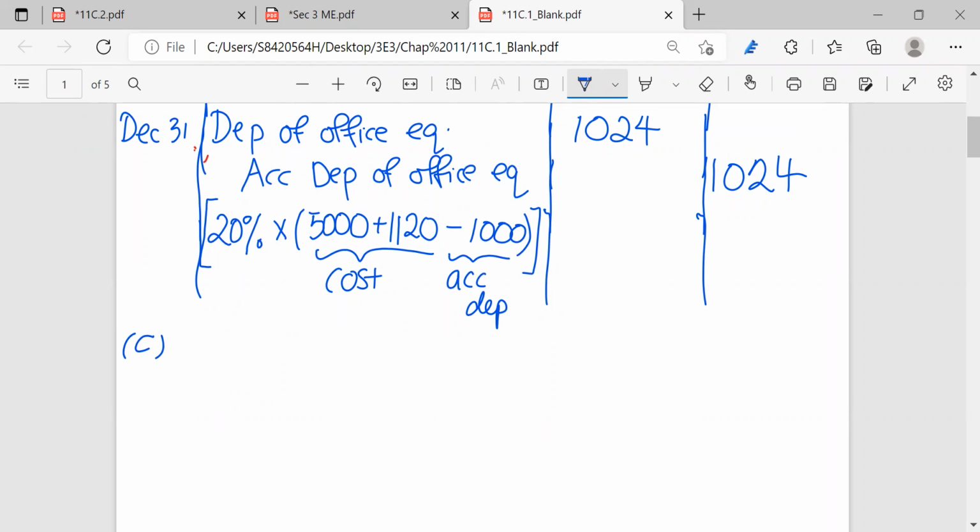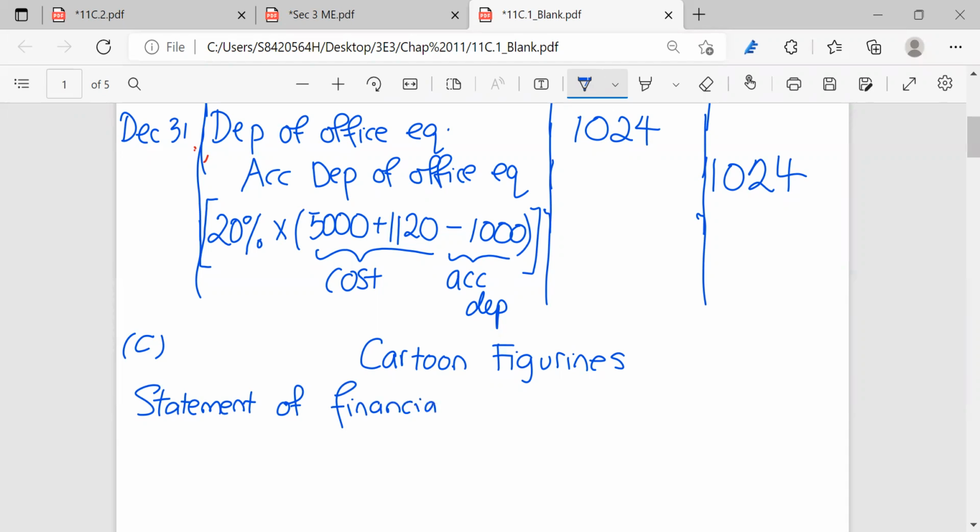Wherever you're preparing extract, make sure you write the business name as well. So it's Cartoon Figurines. Then just copy the title, statement of financial position. Usually I'll write the word extract at the back, so I'll just copy without the word extract.